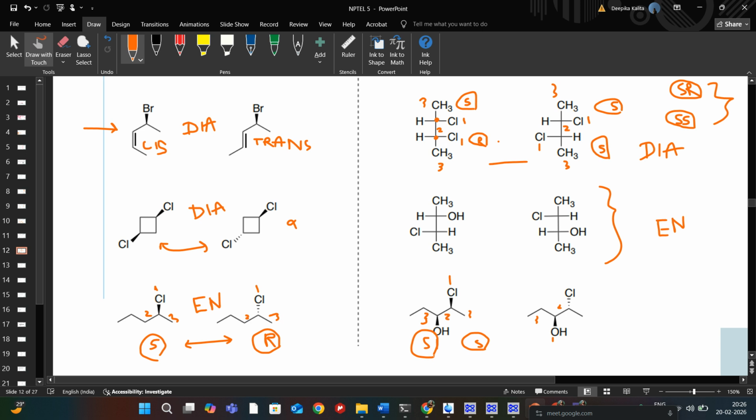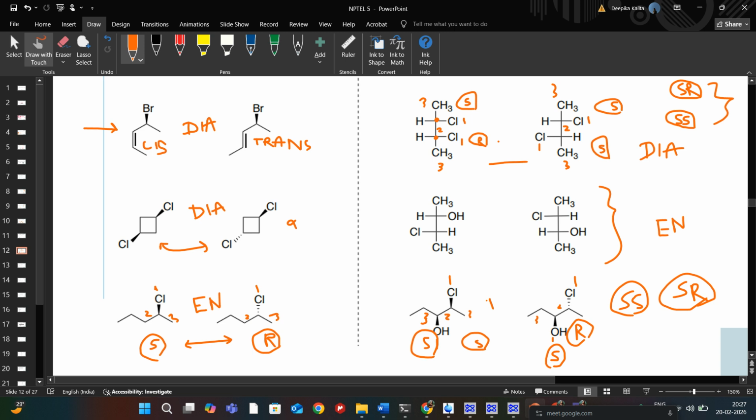And here it will be 1, 2, 3, S, and 1, 2, 3 will be R. So the pair of absolute configurations for these two molecules will be SS and SR. And these two are diastereomers of each other.